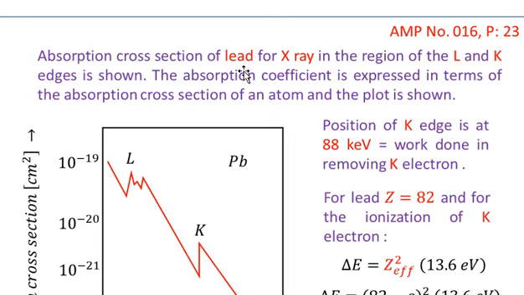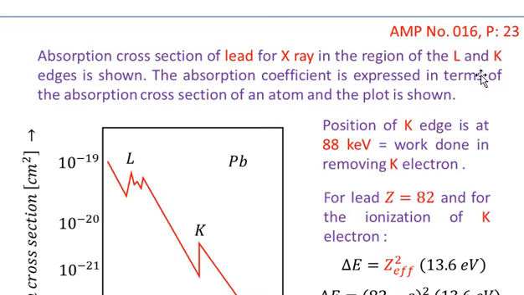The absorption cross-section of lead for X-rays in the region of the L and K edges is shown. I am not covering the whole range, but just the range for lead so that I can cover the L and K edges.